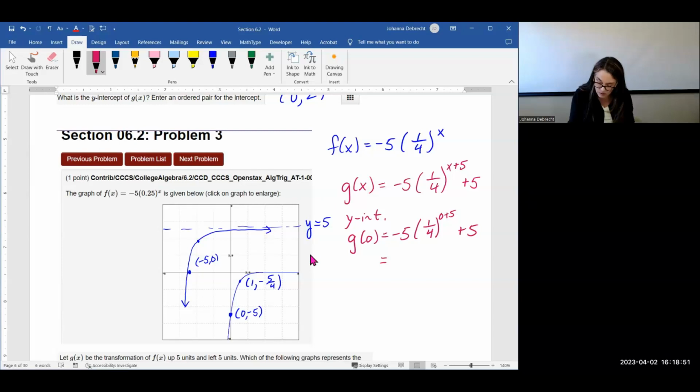All right, so this is equal to, I want to do this all correctly, that's okay. We have -5 divided by 1024 plus 5, which is very close to 5.